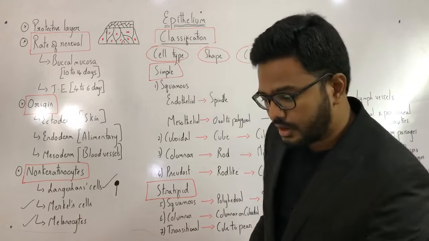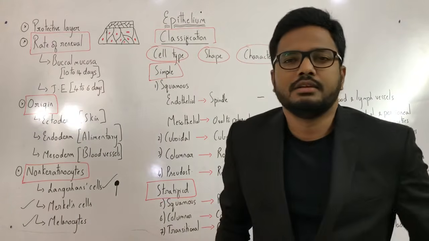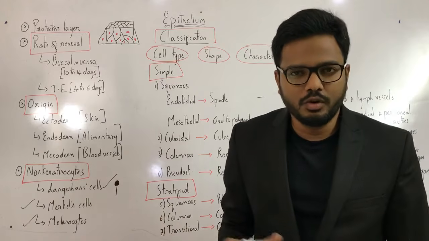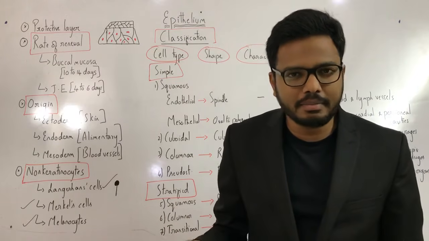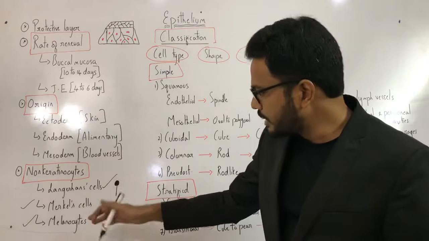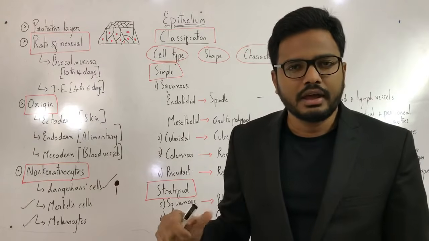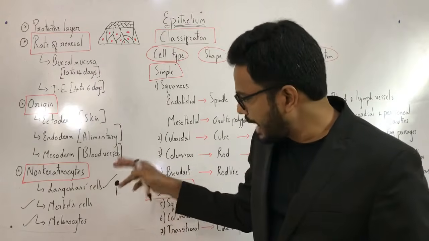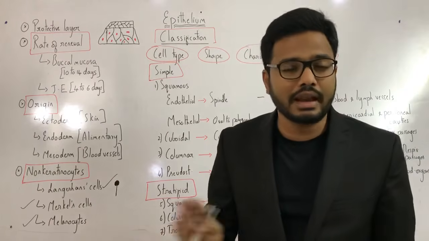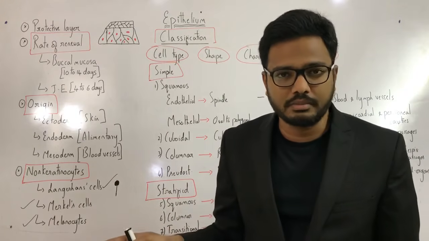Now, coming to the next, melanocytes. Melanocytes, as you all know, produce or contain melanin pigment. Even these melanocytes are present in the basal layer. And the uniqueness is, similar to Langerhans cells, even melanocytes lack desmosomes and tonofilaments.